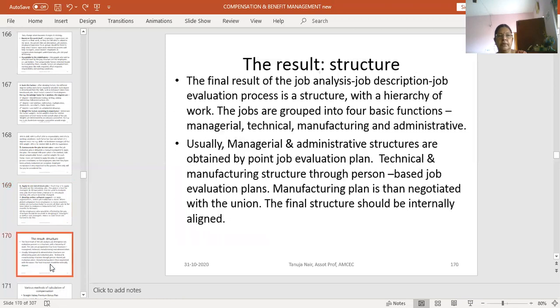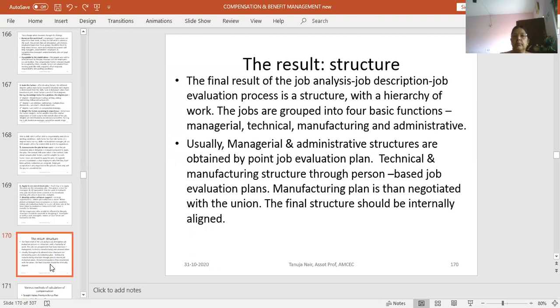Then the final result. After this job evaluation process, the final result you get is your internal pay structure, which is the hierarchy of all the jobs within your organization. So it is the final result of your job analysis, job description, and job evaluation process.